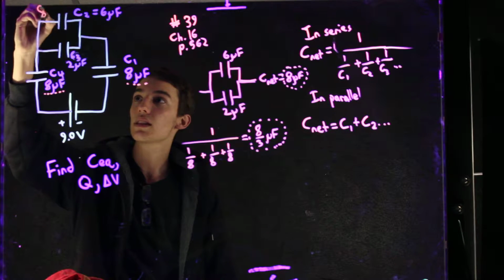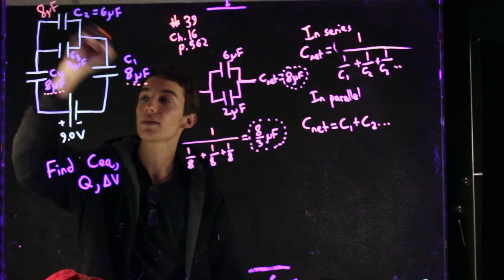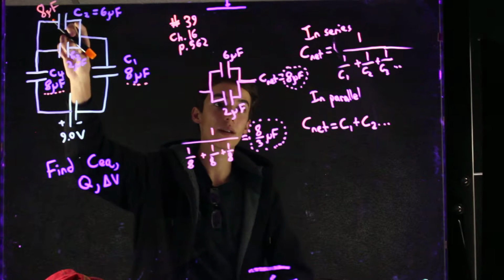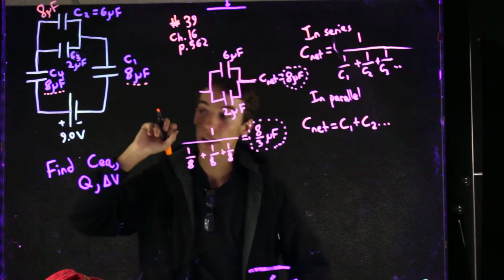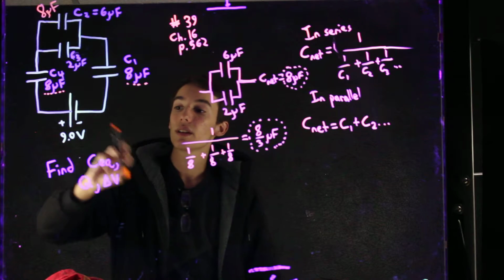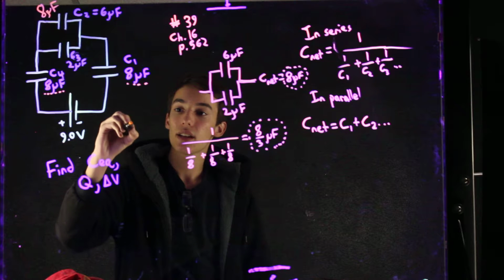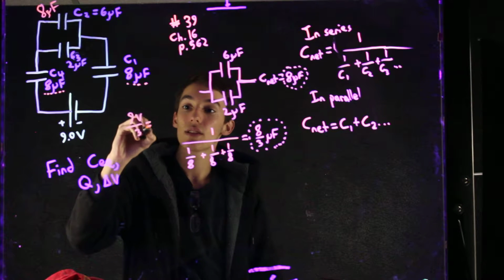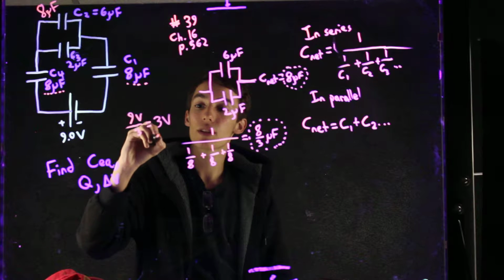And so I'm going to write that this is 8 microfarads up here just so we can remind ourselves about that, since we said that these two capacitors could essentially be combined to become one 8 microfarad capacitor. So since each of these three are going to split up 9 volts evenly, 9 volts divided by 3 gets us 3 volts on each capacitor.